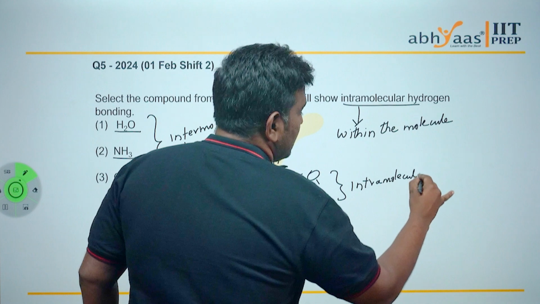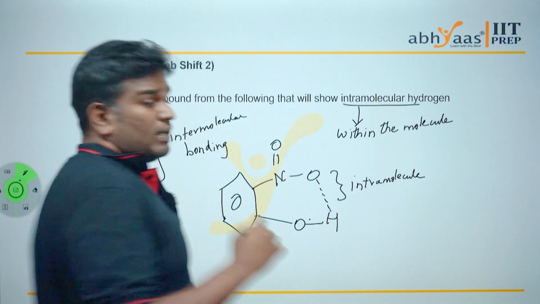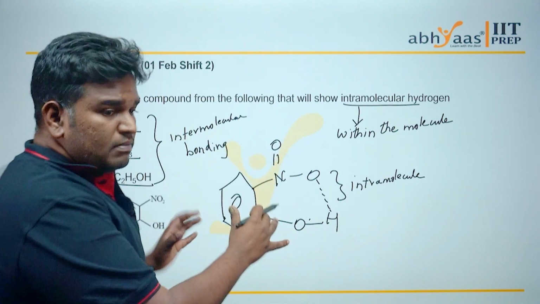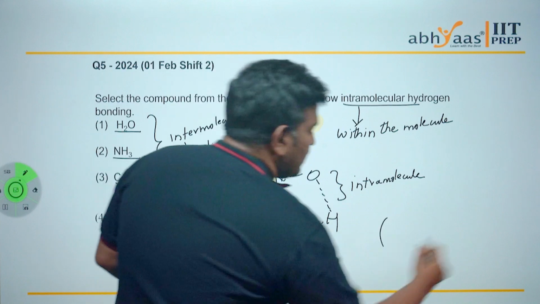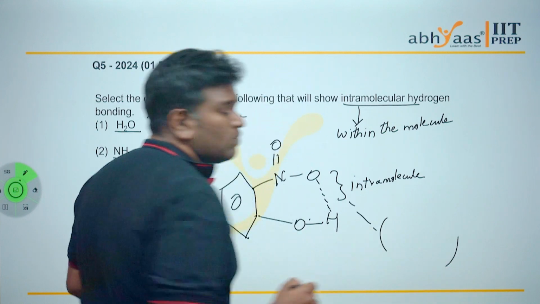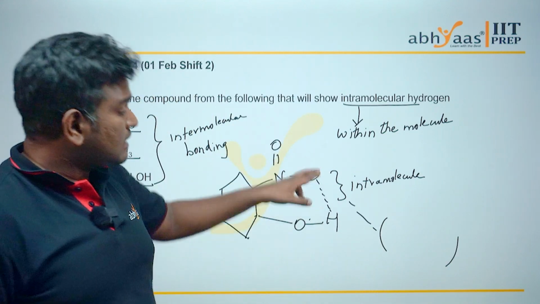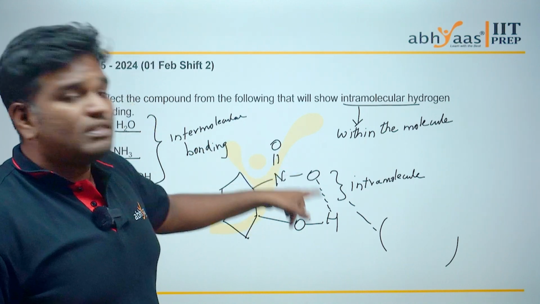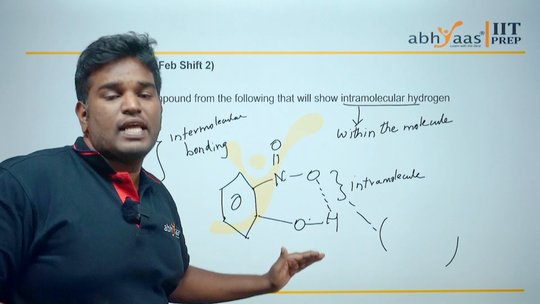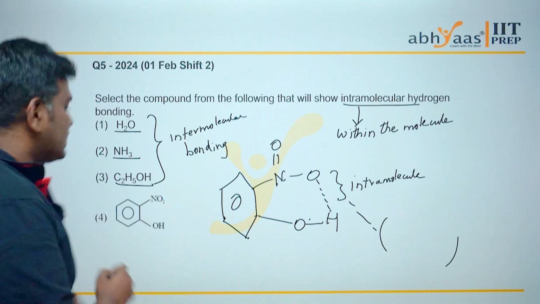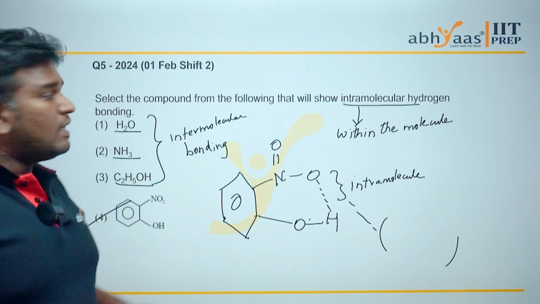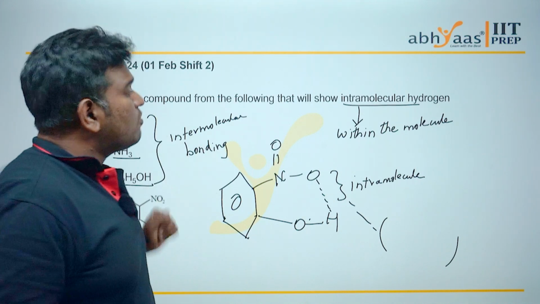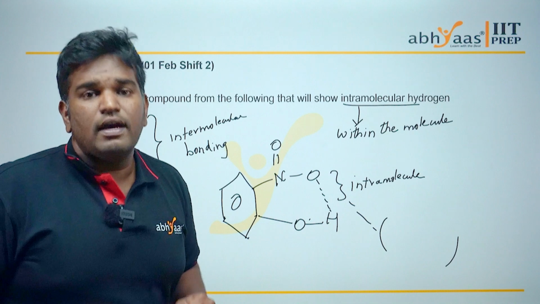It's not intermolecular. So what is intermolecular? If the same molecule is present here, and if a bond is formed, it is intermolecular. But this is an intramolecular hydrogen bond because within the molecule, there is actually a bond between hydrogen and oxygen. So we have to say that the fourth answer will be the right one. The fourth molecule will be showing intramolecular hydrogen bonding.